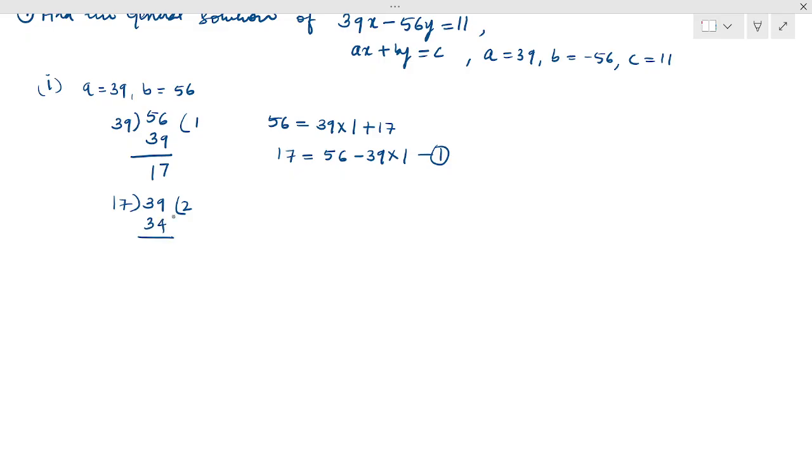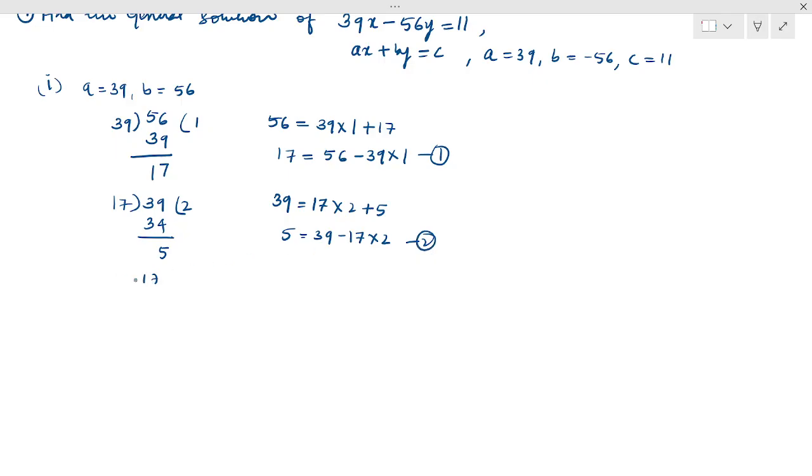The remainder is 5. So 39 is equal to 17 into 2 plus 5, or 5 is equal to 39 minus 17 into 2. Call it as 2.